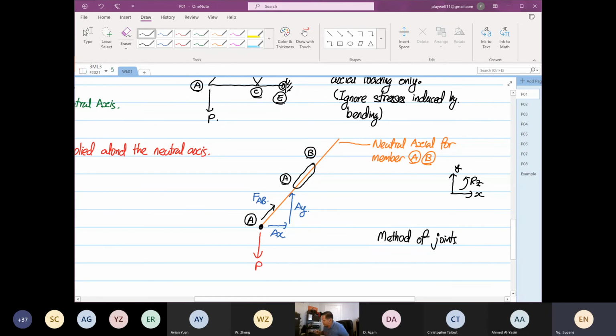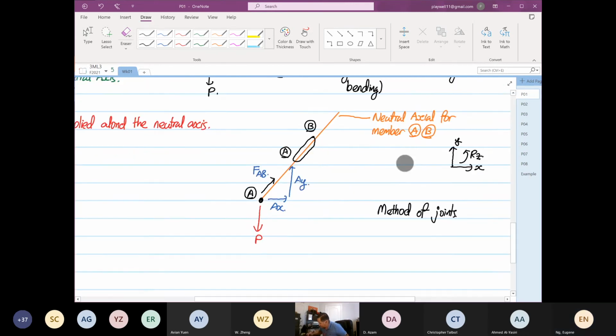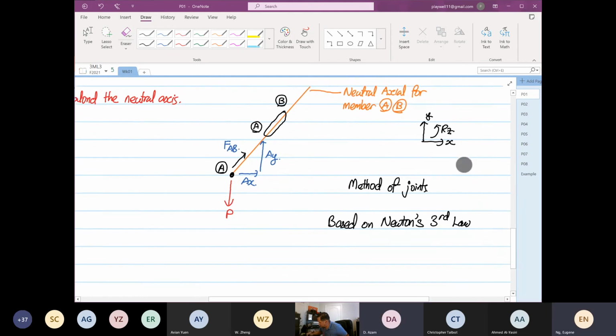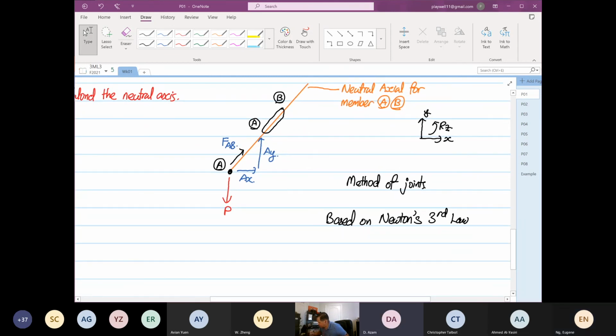Okay, now based on Newton's third law, can anyone remember Newton's third law? Anyone? Is it that every action has a reaction? Yep, thank you. So action equals reaction.